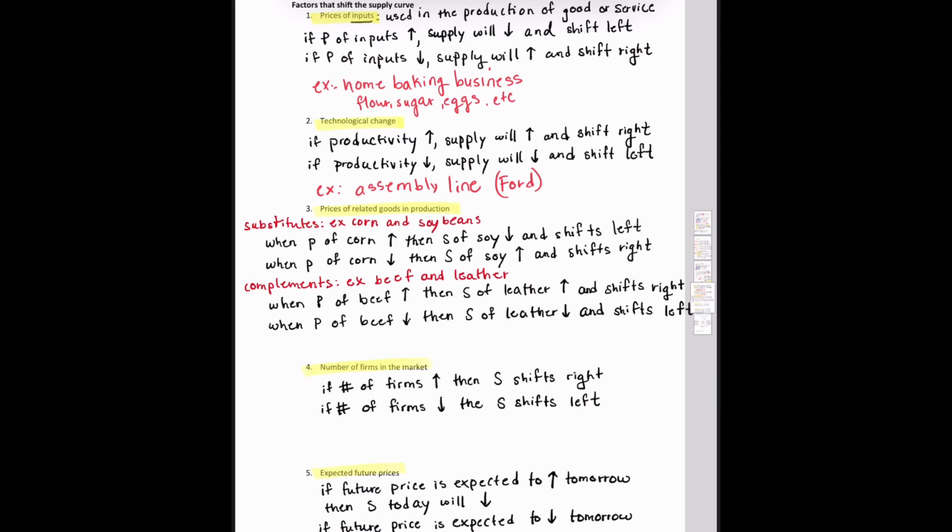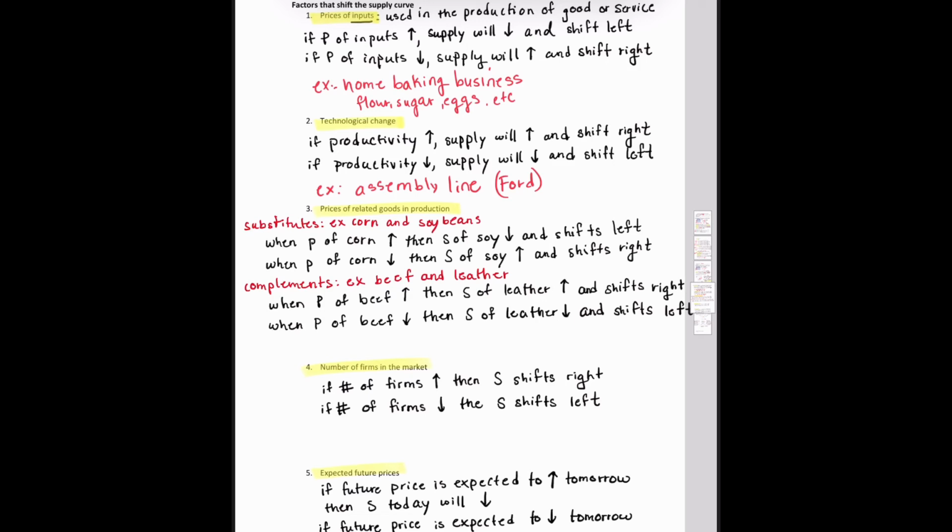So you'll see a right shift in the supply of leather. However, if prices of cattle fall, then supply of leather will subsequently fall as well because ranchers will substitute away from raising cattle and may opt to do something else. And so the leather market is affected by changes in the beef market.